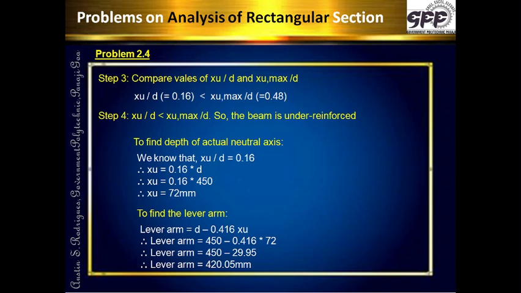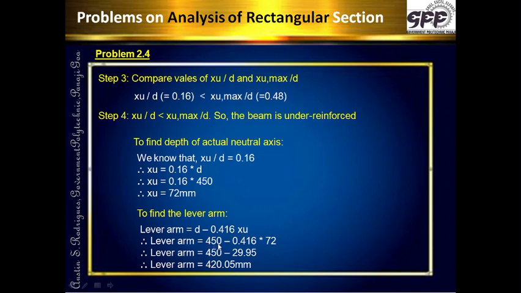The internal moment, which we have put equal to the external moment. The distance between the two forces, the compressive force and the tensile force, is the lever arm, and that we have got as D minus 0.416 XU. Some people use it as 0.42 XU. There is absolutely no problem. So lever arm is equal to D minus 0.416 XU.